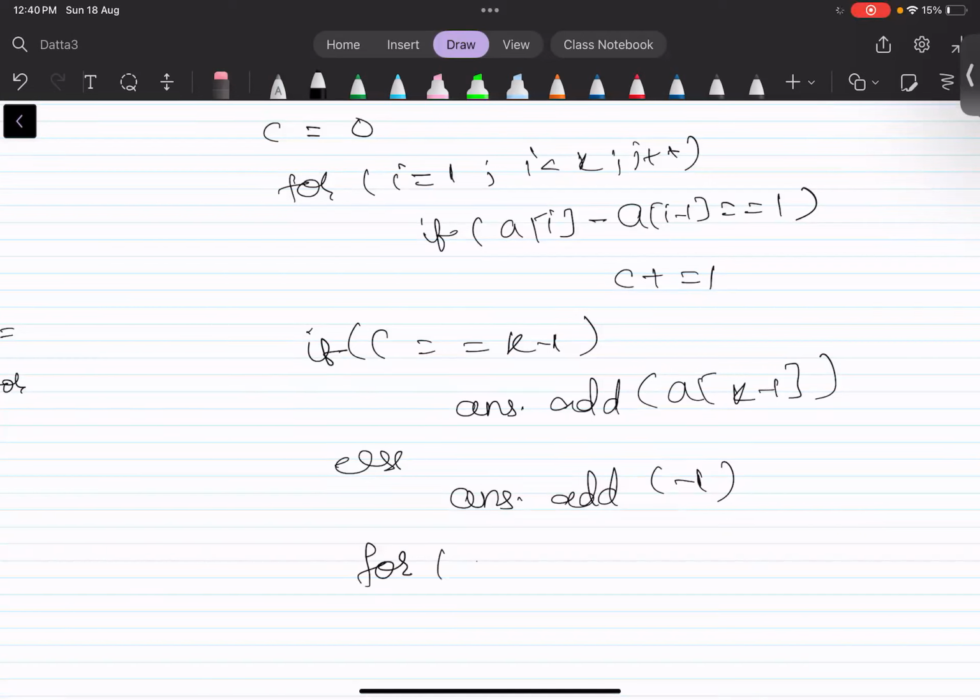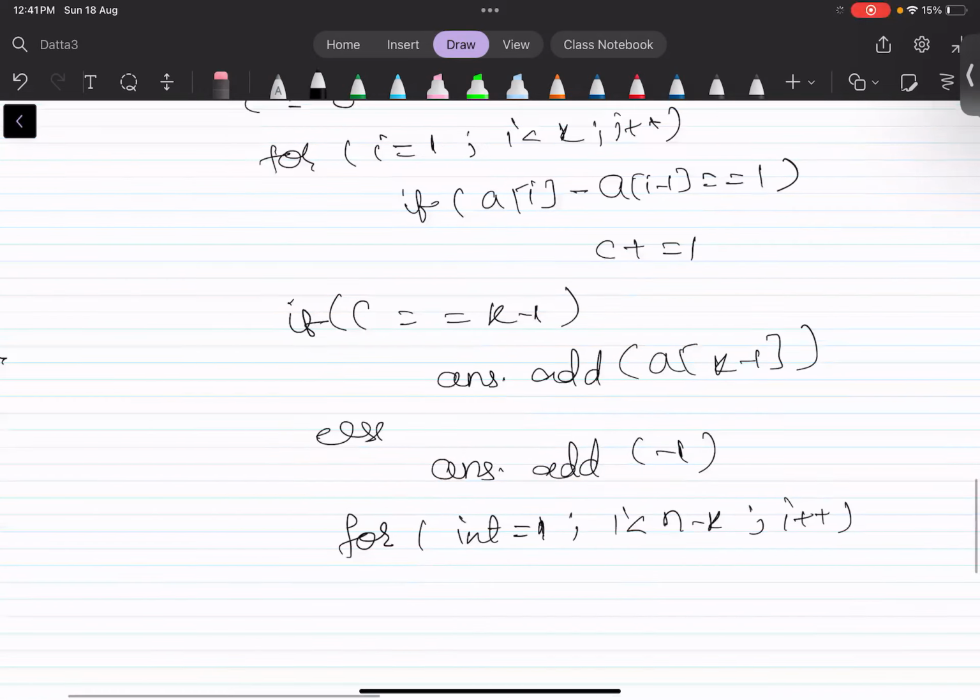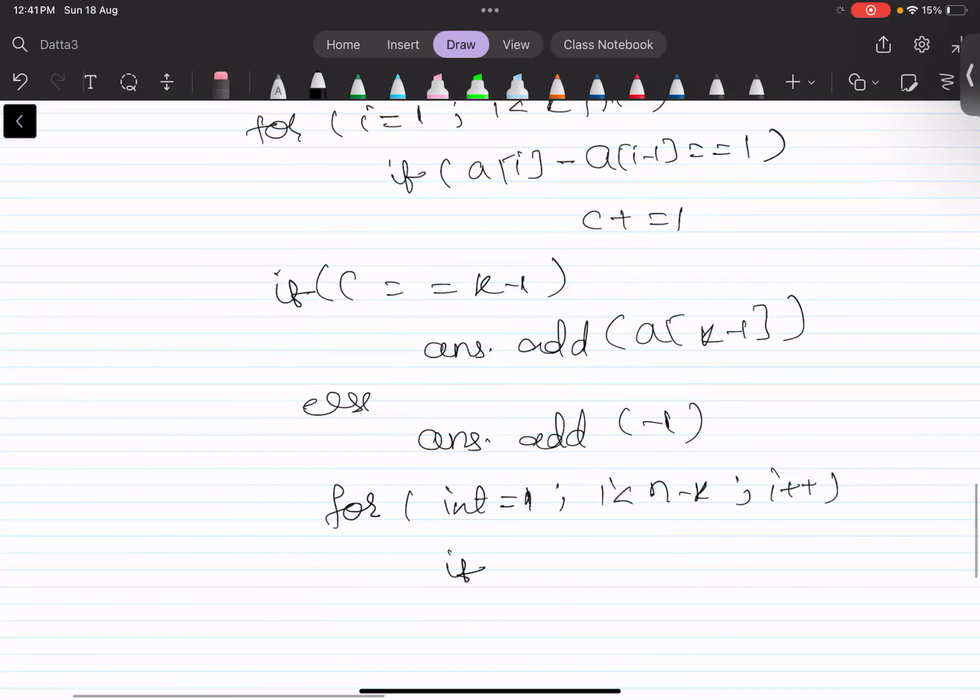So for int i by 1, I'm going to start with index 1, i less than n minus k, i plus plus. If the difference between the first pair of elements, a of i minus a of i minus 1, is 1, it means I have removed this element, right?